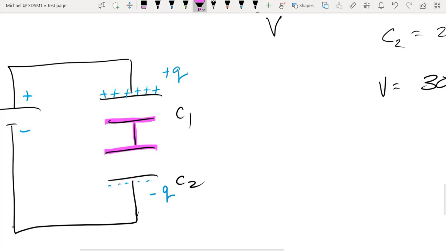Essentially, the bottom plate of capacitor 1 and the top plate of capacitor 2 are forming this island of conducting material that is completely isolated. It's not touching anything else. It's just sitting out there. And the question that I have is, how much charge is on this island?